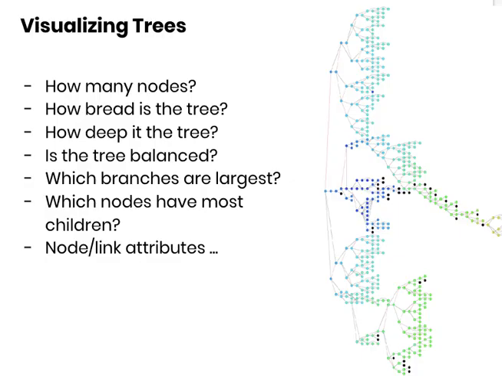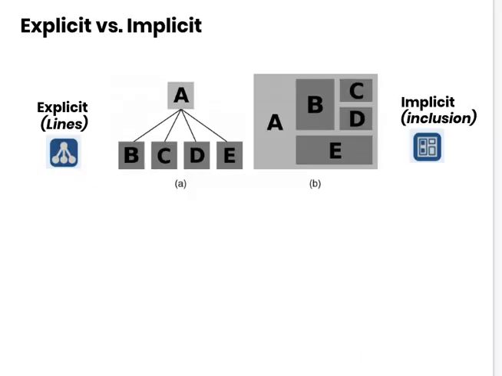In visualizing trees, in this lecture, we want to go through some high-level categories or high-level techniques that you can use to visualize trees. The first one I want to talk about is explicit techniques versus implicit techniques. In explicit techniques, shown on the left here in figure A, in explicit tree representations, you show nodes as boxes or points, circles, whatever, and the hierarchical relations between these nodes are shown as lines.